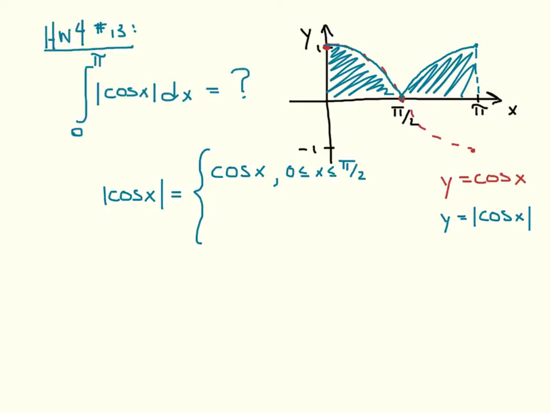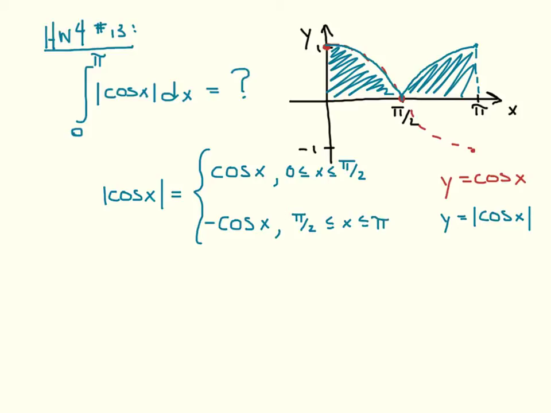So how do you flip something over the x-axis? You just add a minus sign in front. You multiply it by negative 1. So from pi over 2 to pi, the absolute value of cosine of x is really negative cosine of x.